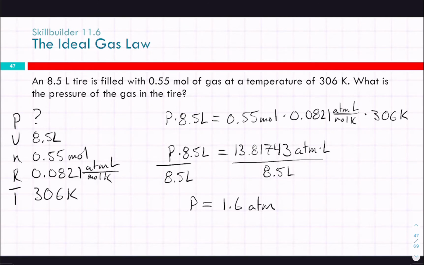How would we convert that into PSI? Can't just square it. So PSI, it's 14.7 PSI equals 1 atmosphere.